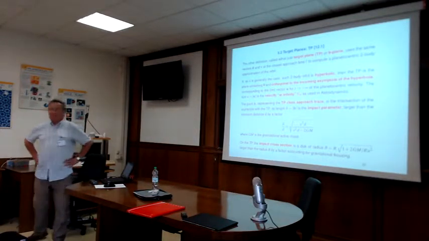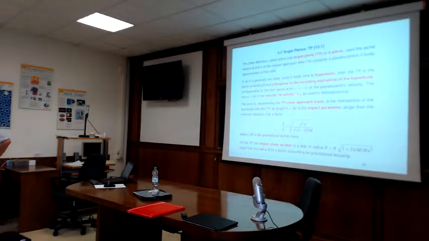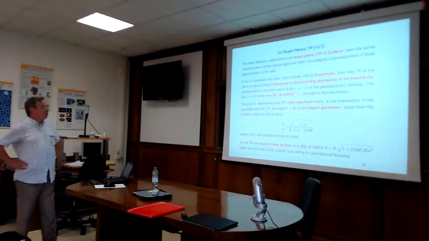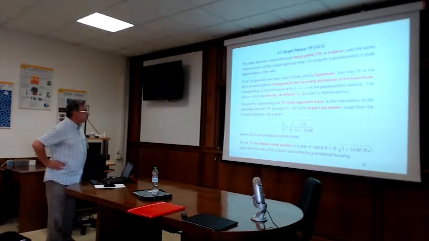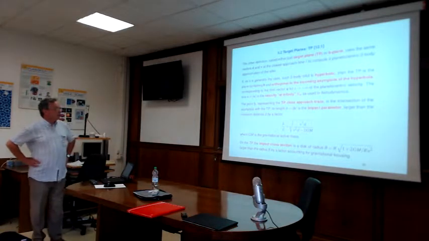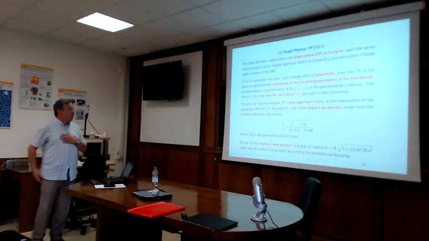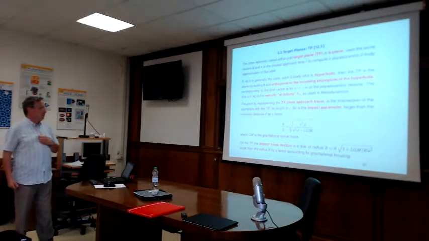Its length is called the impact parameter, and the impact parameter is more than the minimum distance. The formula connecting the two is like this, where v is the velocity at closest approach. There is another formula also given as a function of the velocity at infinity.